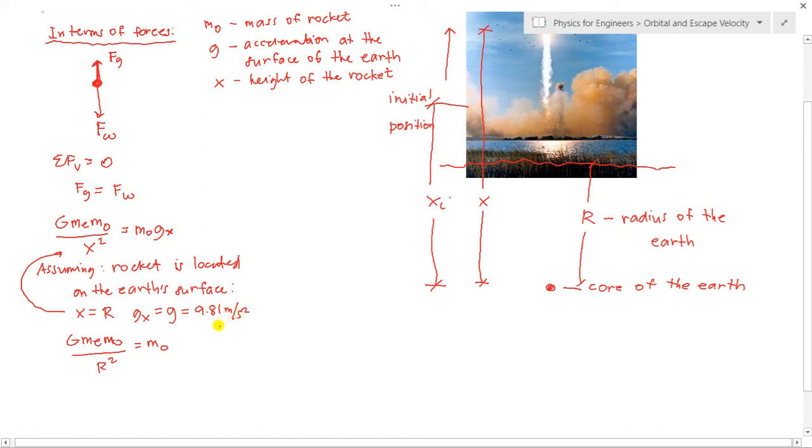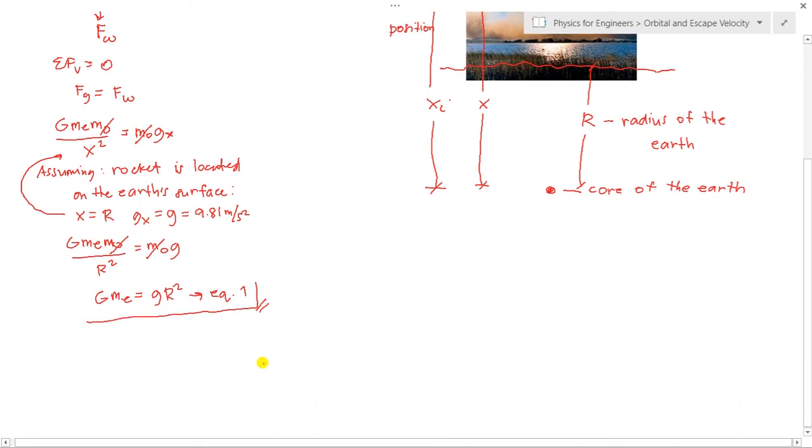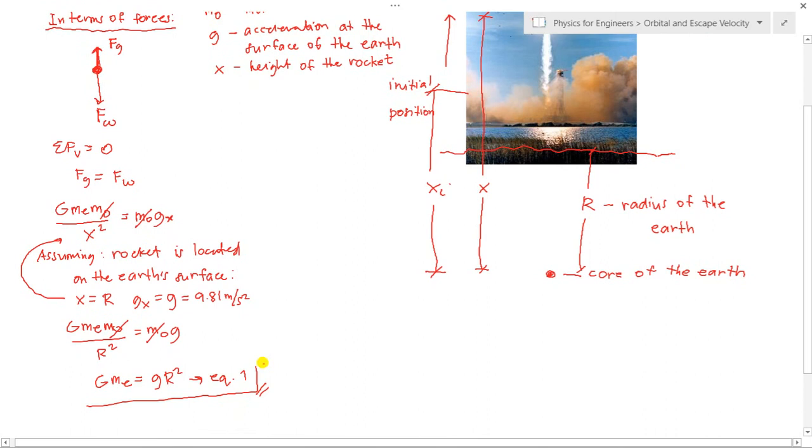Mo ni ato ang naandan nga value sa atong G. So here we can also derive a relationship between the gravitational constant and the mass of the earth is just equal to this one is G. So this one will be cancelled out, so makancel ba ni diri. Therefore we have now G R squared. So remember this one, this is equation 1, because we can use this one sa atong derivation. So nalatay derivation sa ato ang forces.